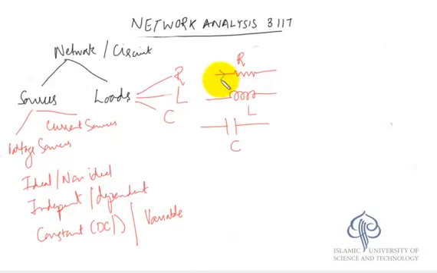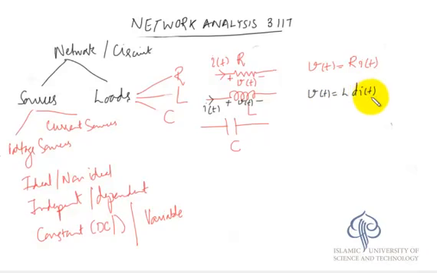This is our sign convention. If the current flows from the plus end of the voltage to the minus end of the voltage, then the governing equation for the resistance is v(t) = R i(t). In a similar way, for the inductance, if you draw the current like this, which flows from the plus end of the voltage to the minus end, then v(t) = L di(t)/dt.